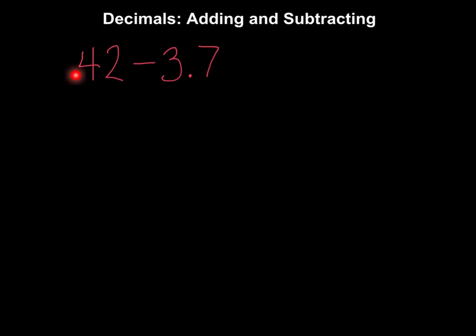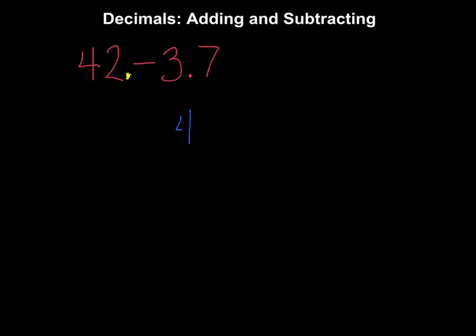Well, if it was right here, then this would be 0.42. If it were right here, this would be 4.2. And if it were right here, this would be 42 point. Well, obviously that's the same as 42. So the decimal is invisible, but right here.